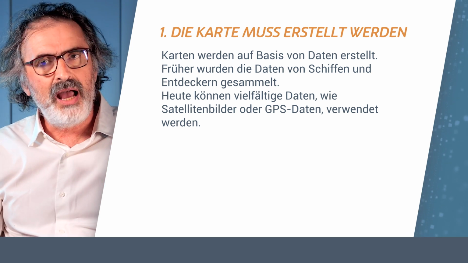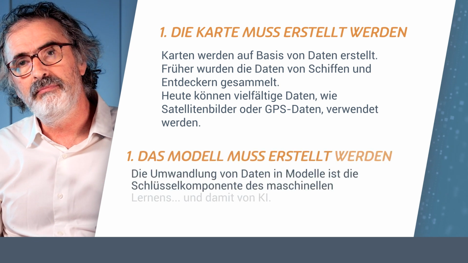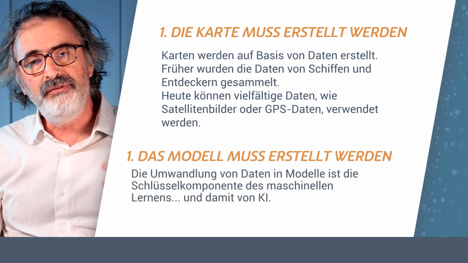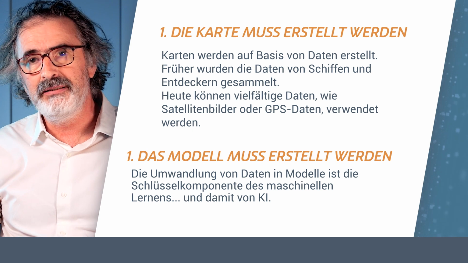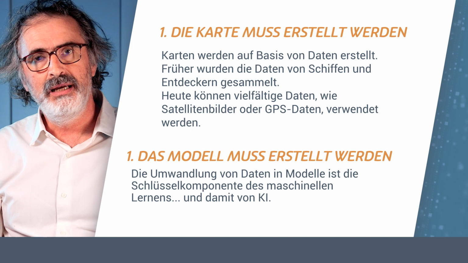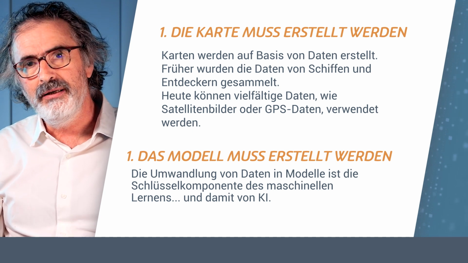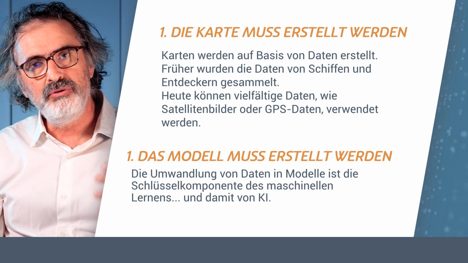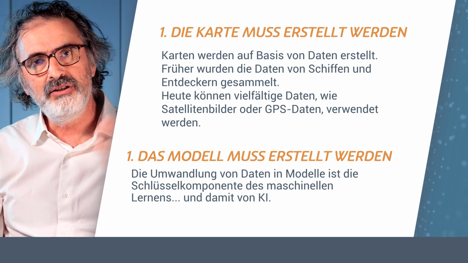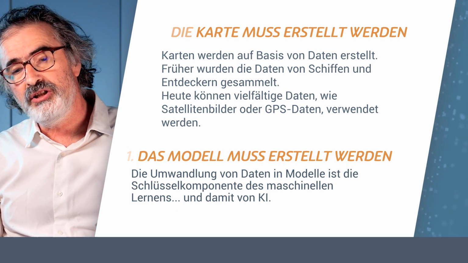The same sort of history applies in the case of artificial intelligence. The first models were hand-built, human experts were building these models. And nowadays, most models are built by machine learning.